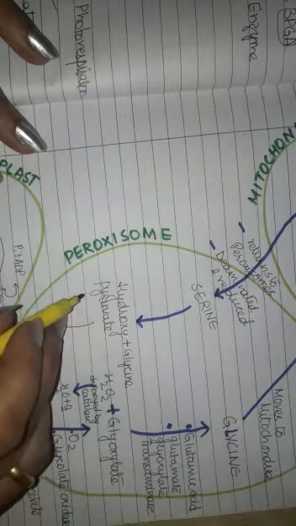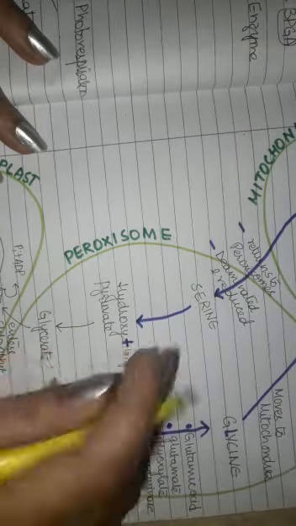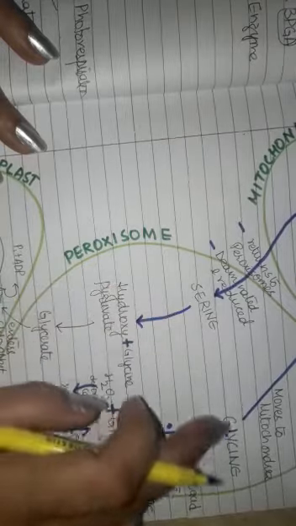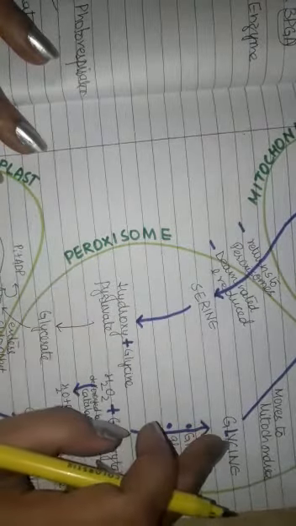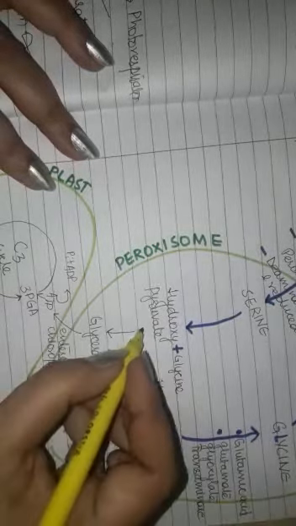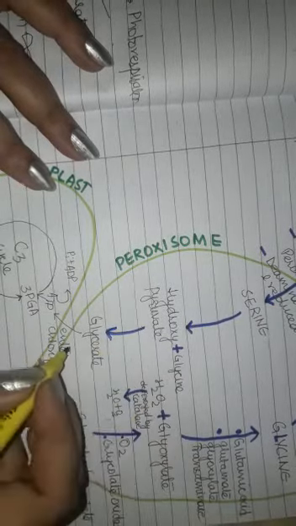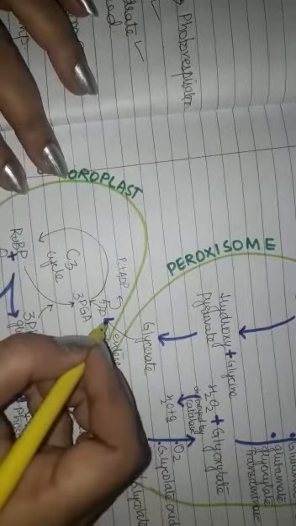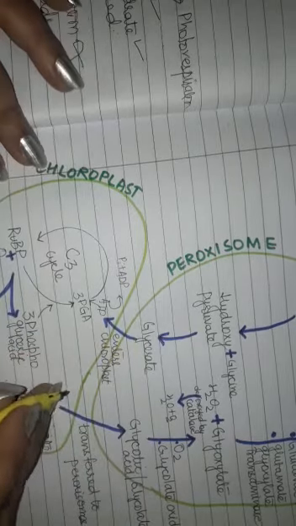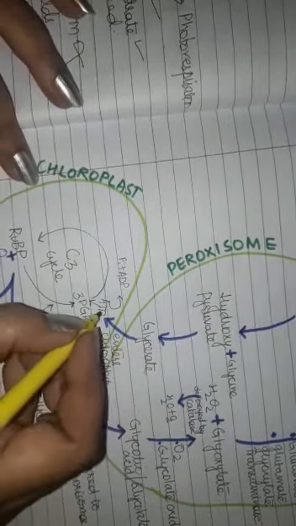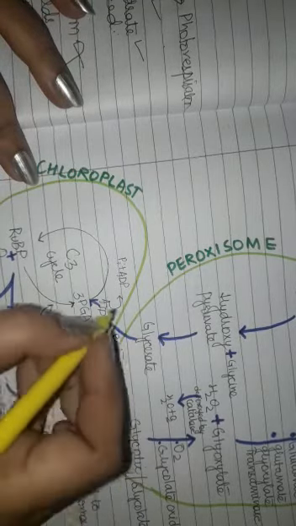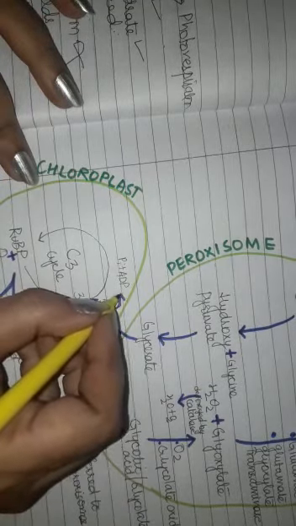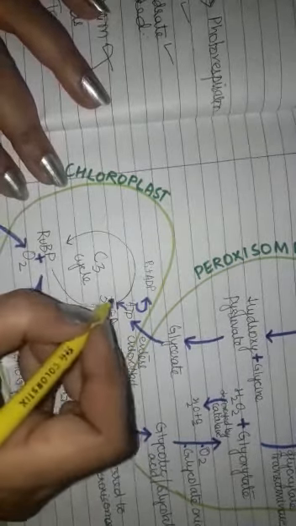hydroxypyruvate. This hydroxypyruvate combines with glycine, इसी glycine से, and it results in the formation of glycerate. This glycerate enters the chloroplast again, and its phosphorylation takes place, means ATP is utilized, a phosphate group is attached, and it gets converted into 3-phosphoglyceric acid.